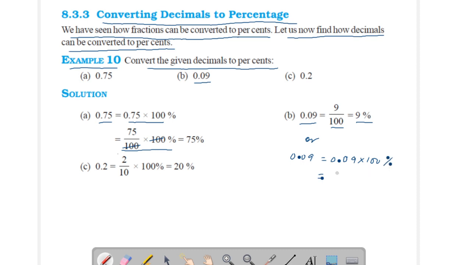Here remove the decimal. You can write it as 9 upon 100 into 100%. Here if you simplify it, 100 is cancelled by 100. You will get 9%.